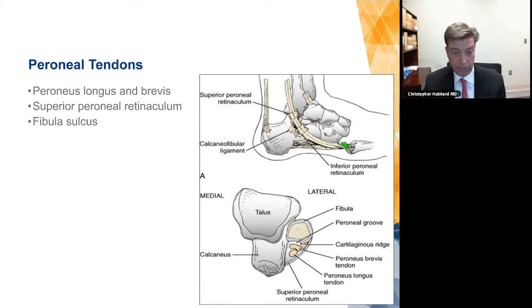This is an axial view looking at the two tendons, and essentially they run in this groove behind the fibula. It's constrained by this peroneal retinaculum, which is a ligament that keeps these two tendons in place and prevents them from subluxing or dislocating out.